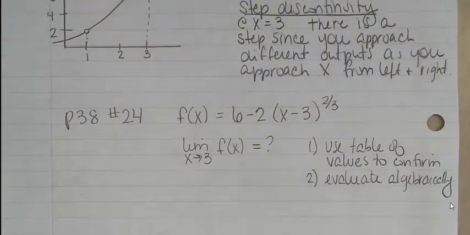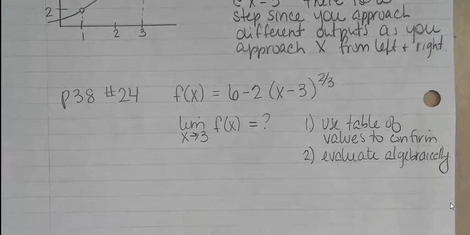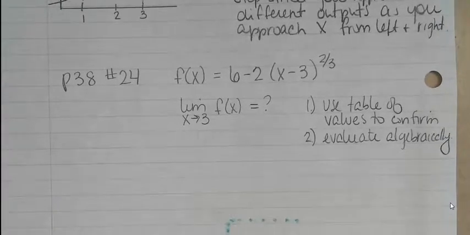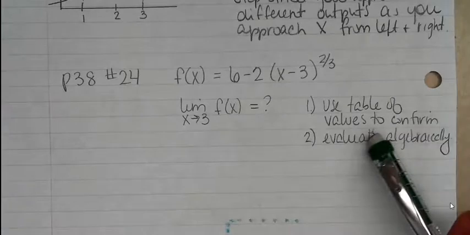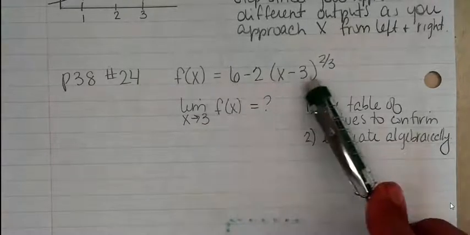Okay, so I want to do that 2 different ways, and I'm kind of making this up so that I can help guide you into the problems that I am going to assign you, but I don't want to do those problems. Alright, so first thing, let's use a table of values to confirm what the limit's going to be as x approaches 3 of this function.